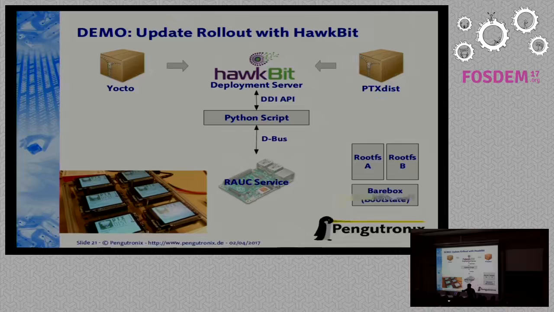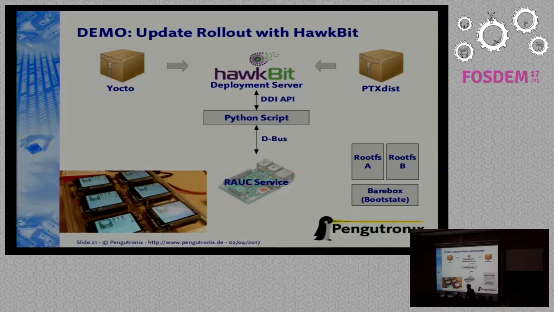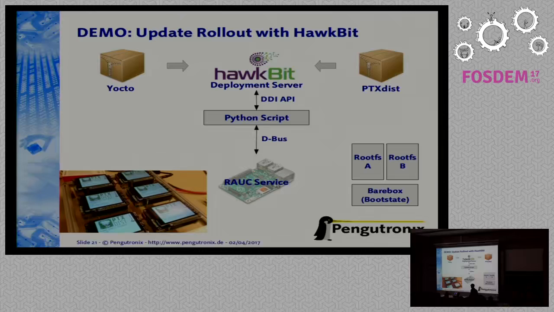The demo should now show that I deploy a Yocto update on these devices. Yeah, this is what I wanted to show here, but I think the setup did not entirely finish because of the irritation in the beginning of the talk. So if you want to see the demo working, maybe you would like to join me after the talk. I'll try it in a few minutes.